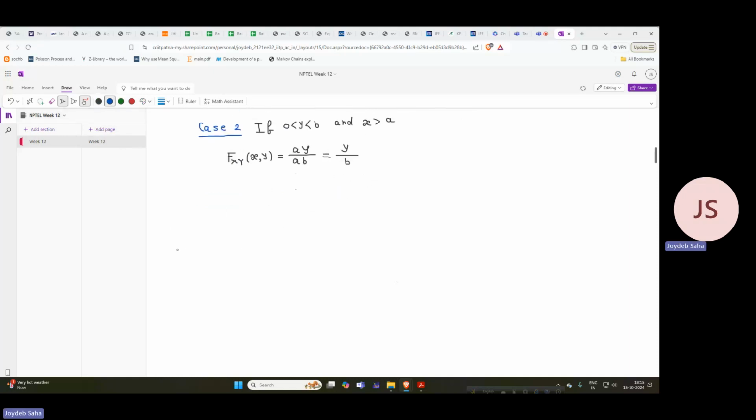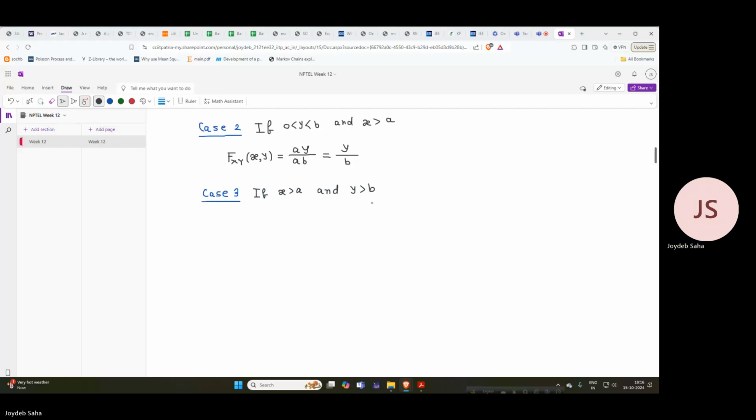Okay, now this is a very interesting case, case 3. Case 3 is if x greater than a and y greater than b.